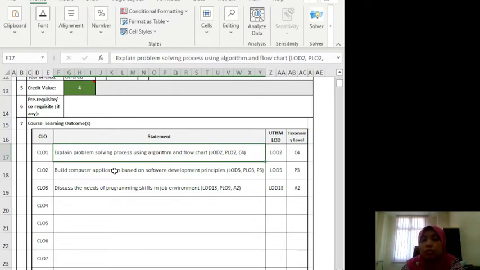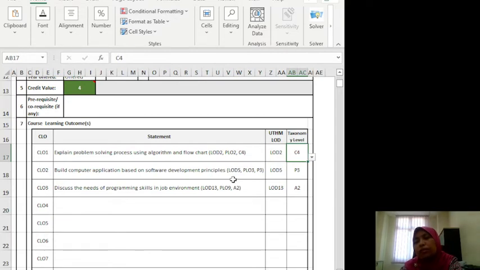You need to map the current problem into an algorithm, and you need to sketch the flowchart for the algorithm. So CLO 2, this is the taxonomy level. For taxonomy level we have level 1 up to level 6. Level 6.